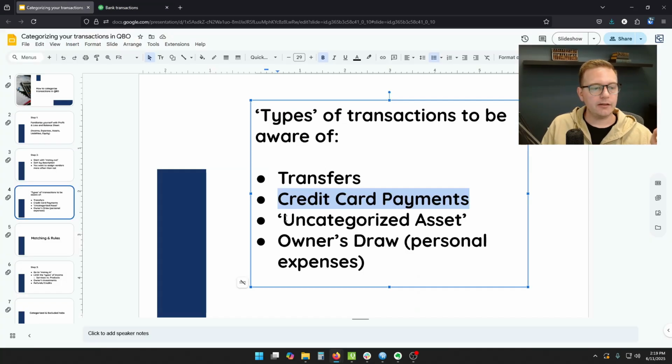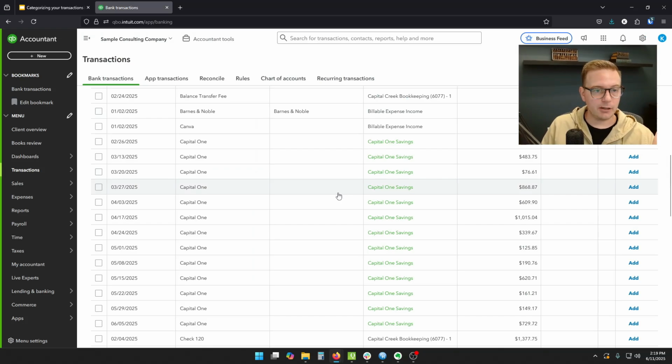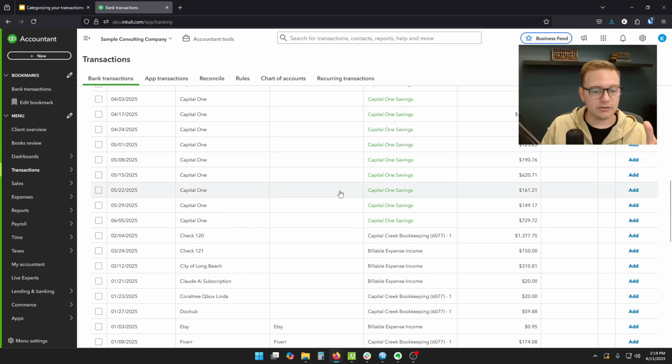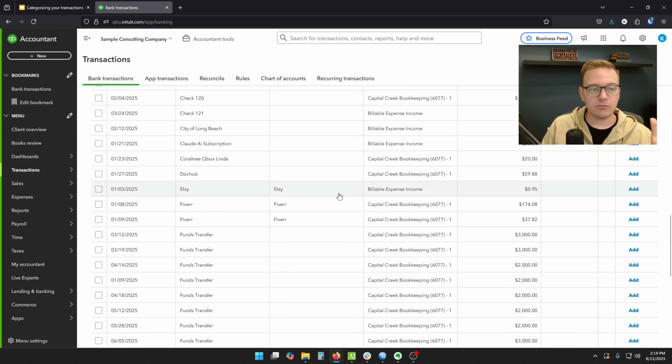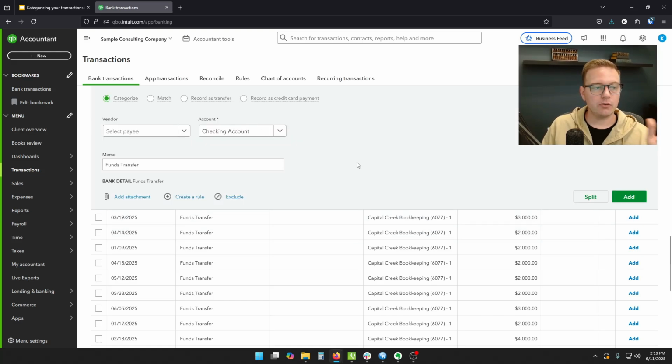So the next one is uncategorized asset. It's unbelievable to me that QuickBooks has not fixed this problem, but there are times where for some reason it will try to have a transfer go to uncategorized asset. This is never correct, and you want to be looking out for it.